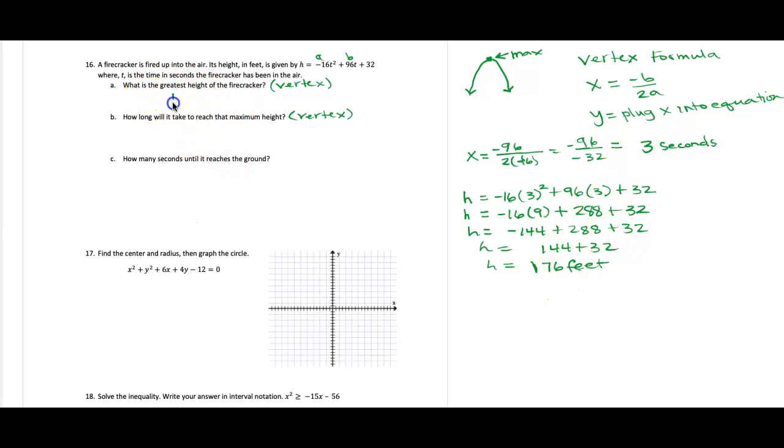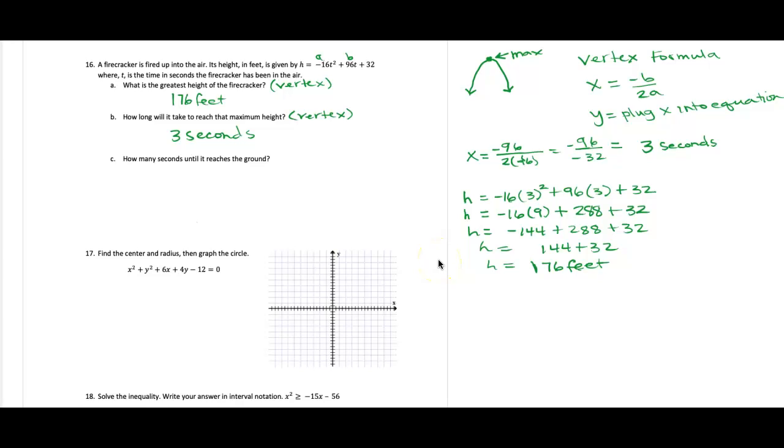The greatest height is 176 feet, and the time it takes to get to that maximum height is 3 seconds. So just be careful with those, because it wouldn't make sense that it's only going to go 3 feet in the air and that it would take 176 seconds to get there. So make sure that you're thinking about it and that you have your labels right on those.